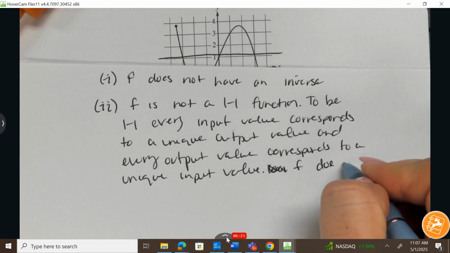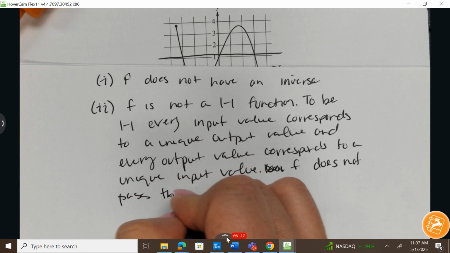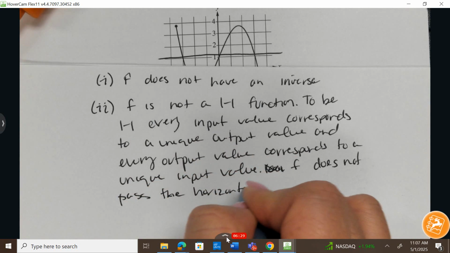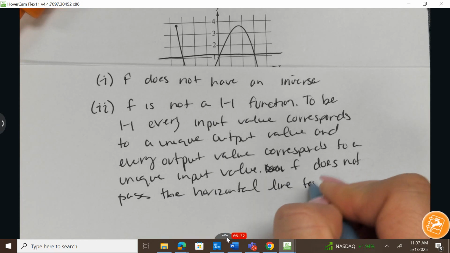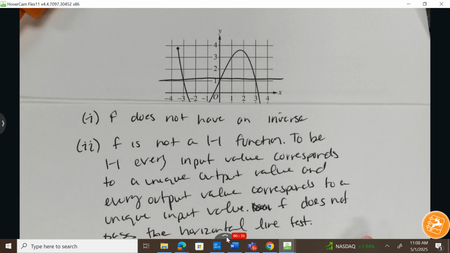F does not pass the horizontal line test. And so we can see this, it is not one-to-one, does not pass the horizontal line test.